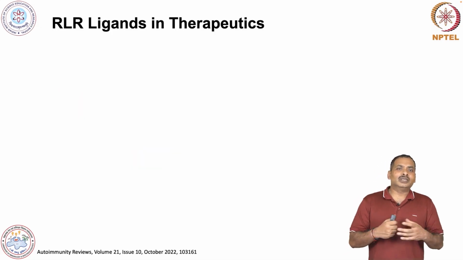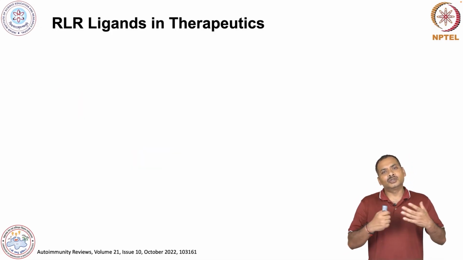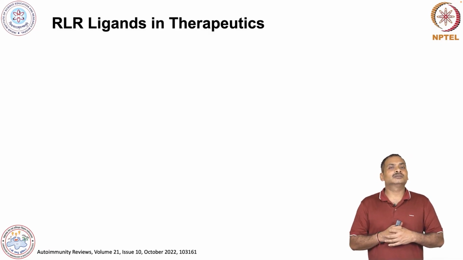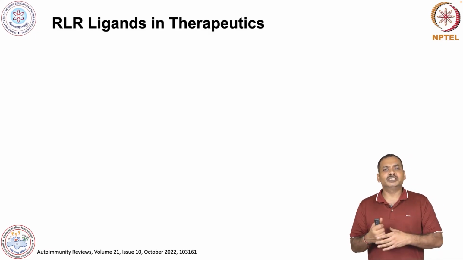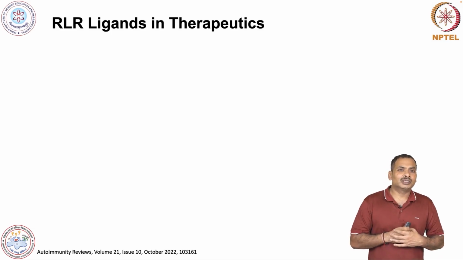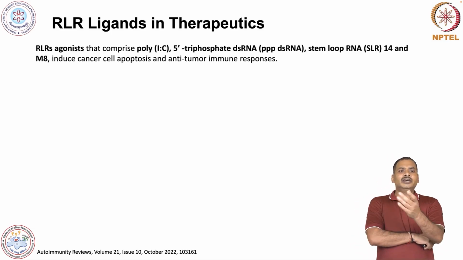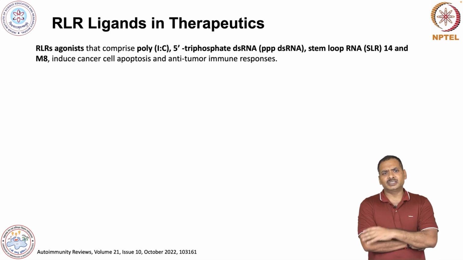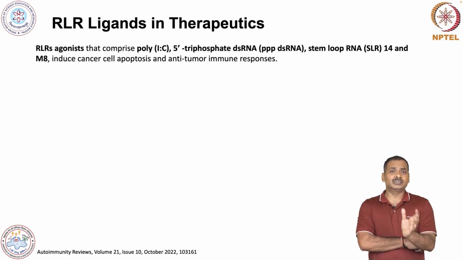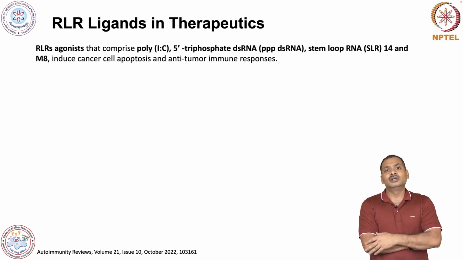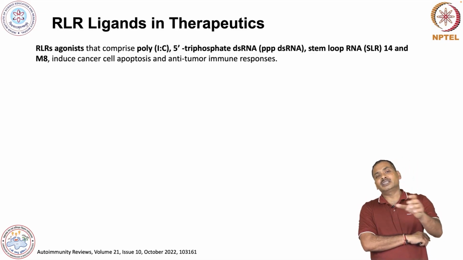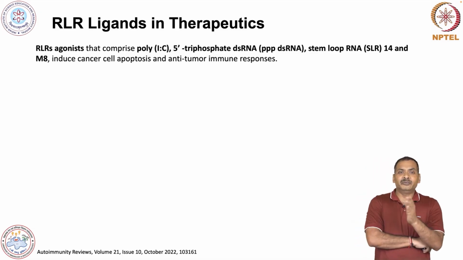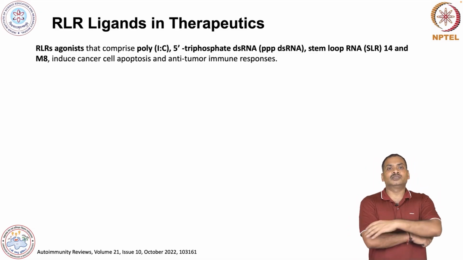Now I would like to discuss some of the ligands which activate RIG-I and MDA5, and they are also used as therapeutics. Okay, so here you can see there is an RLR agonist. In the previous session I told you that there is poly-IC, a polymer of inosine and cytidine, and if we introduce it inside the cell, then it will mimic a virus infection and activate RIG-I or MDA5, depending on the molecular weight of this poly-IC.